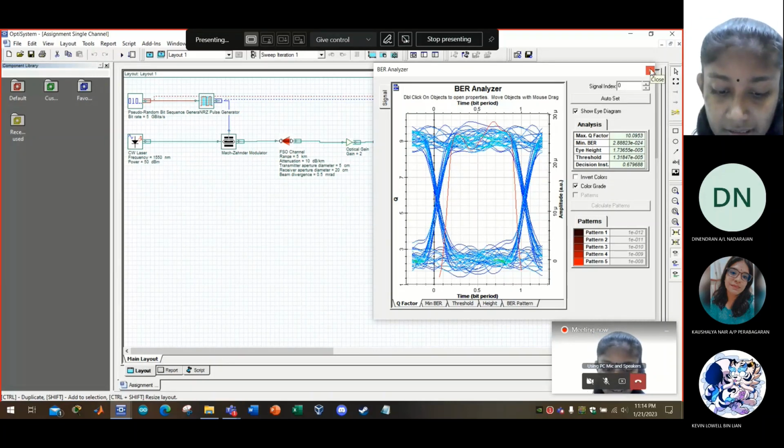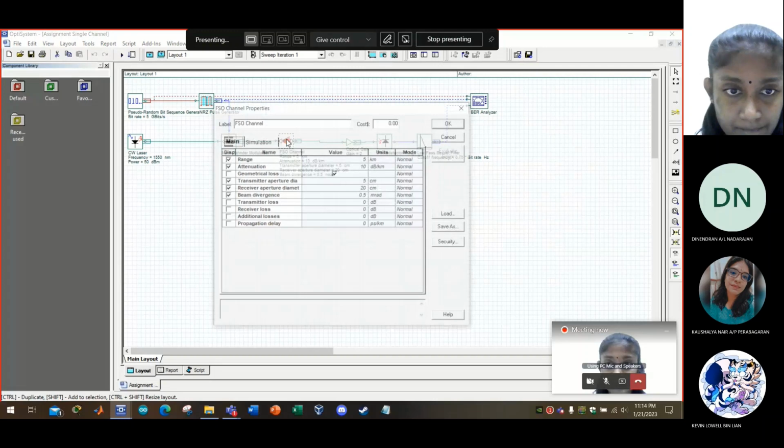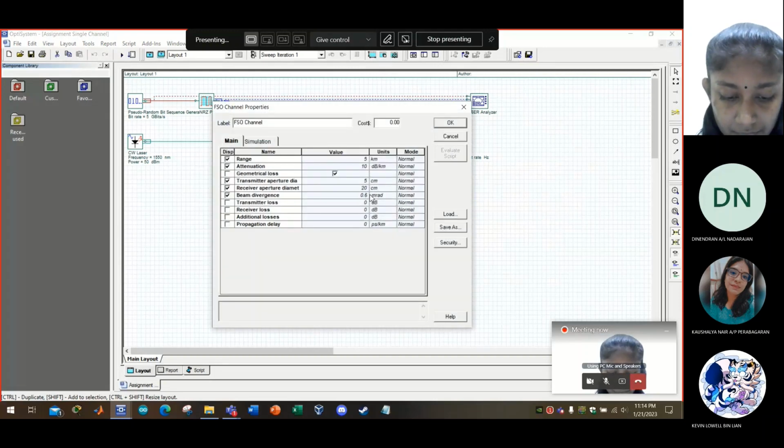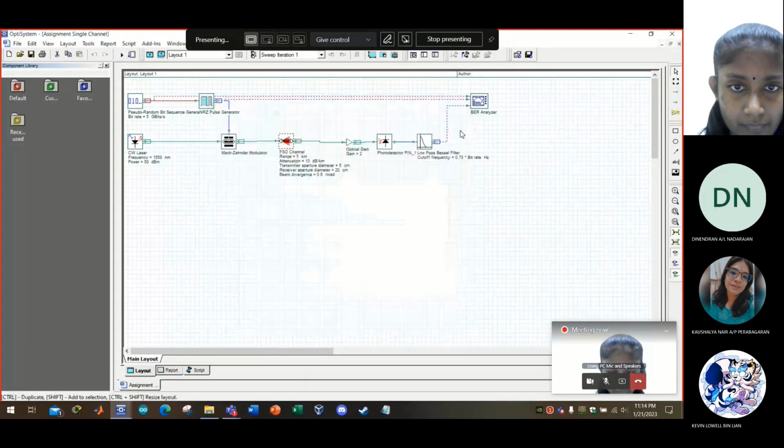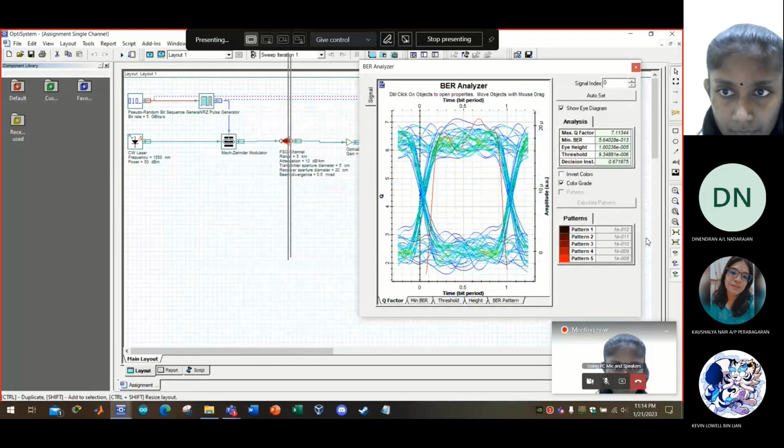For the beam divergence of 0.6 millirad, we can say that the Q factor is 7.11344 and the minimum BER value is 5.64028 e negative 13.